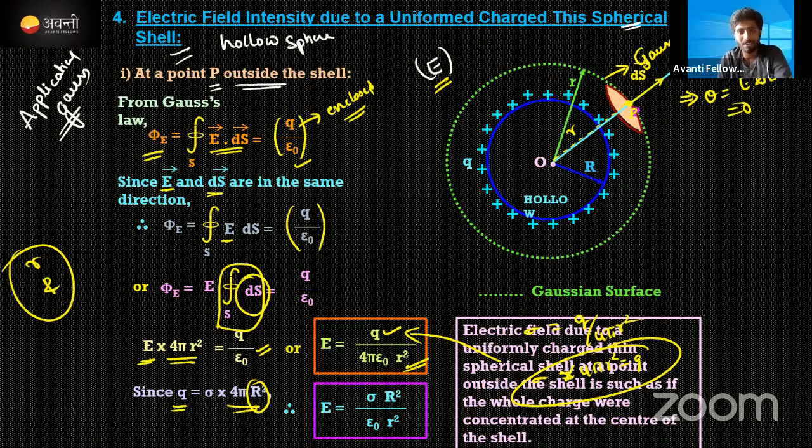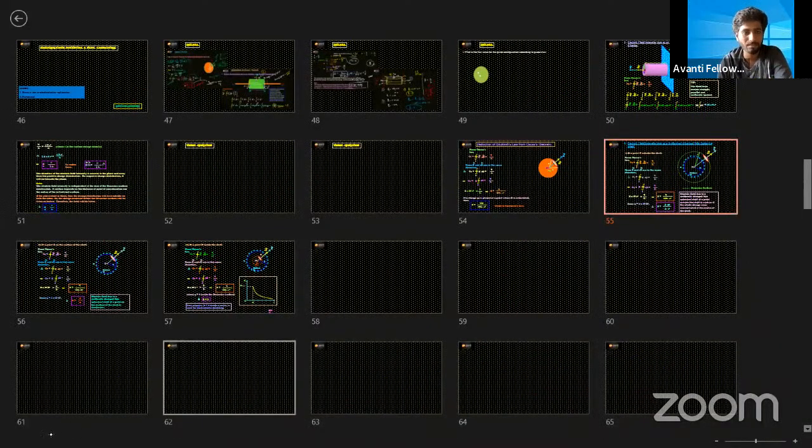We got an equation. I will write it on a separate page. Look here. This is a sphere, and the point we consider is here. This is the Gaussian surface, situated at a distance of r.